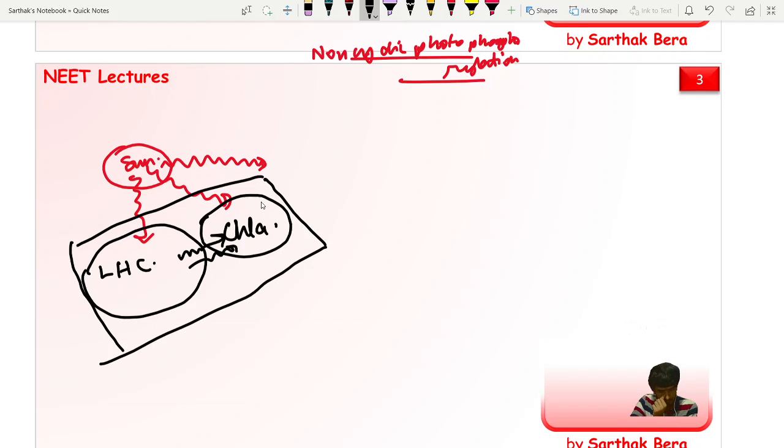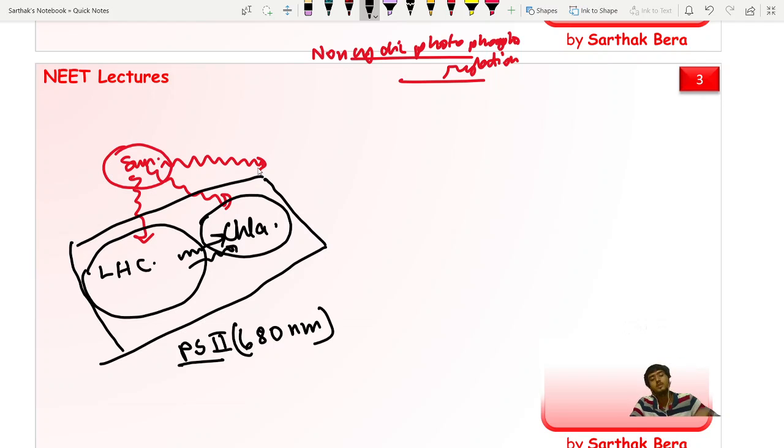This photosystem here is photosystem 2, which happens to be functionally most active at 680 nanometer, photosystem 2. And this reaction center, chlorophyll a, passes its electron.